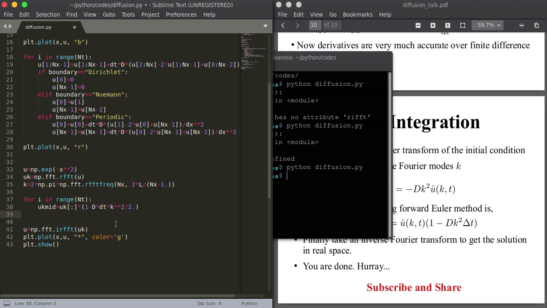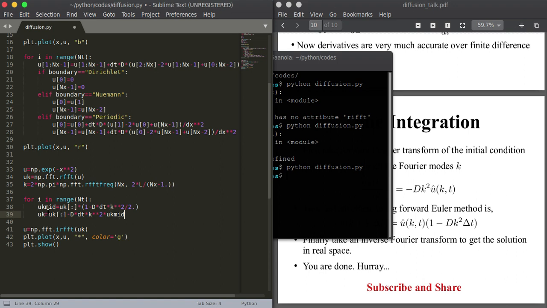Now uk is equal to uk, not plus, minus capital D into dt into k square into uk mid. That means your right hand side is now computed with this uk mid.